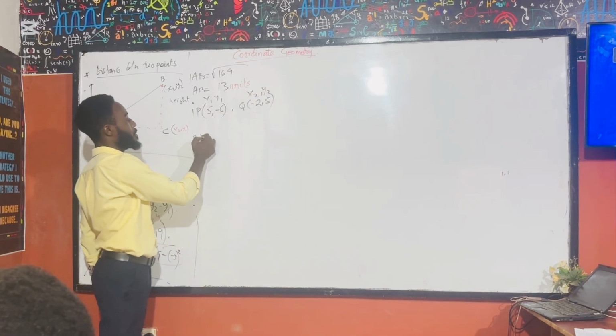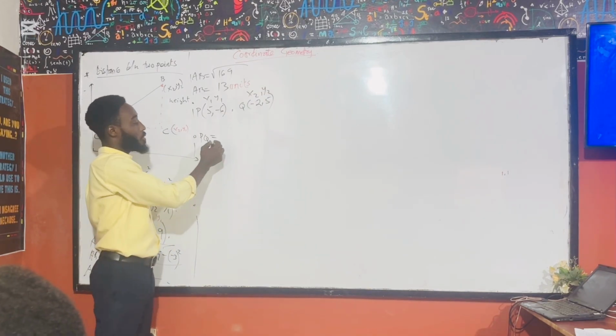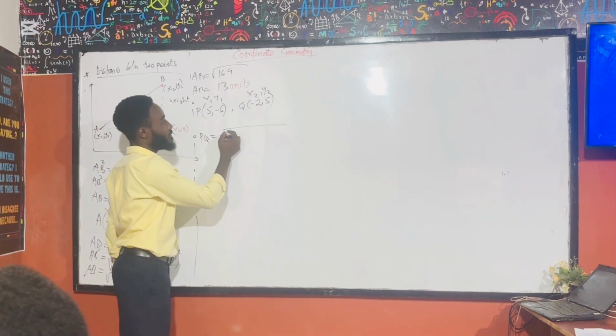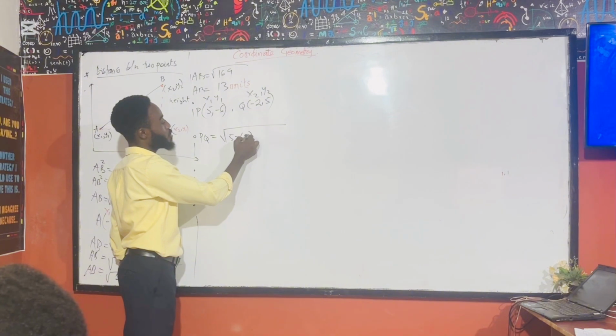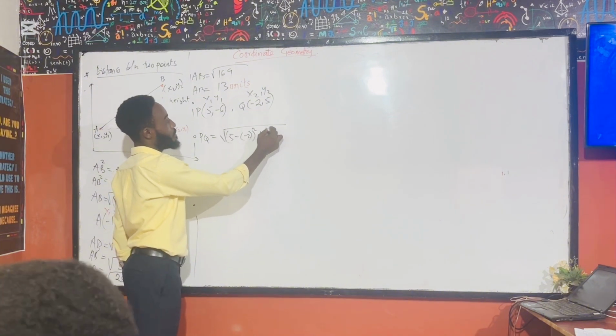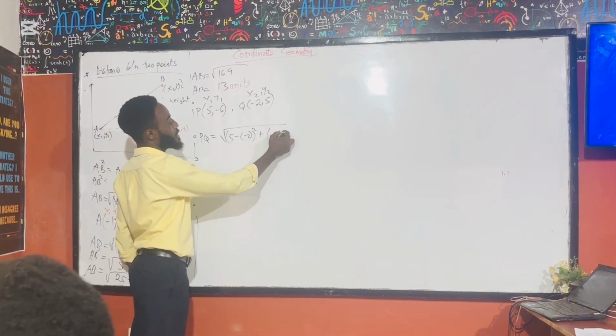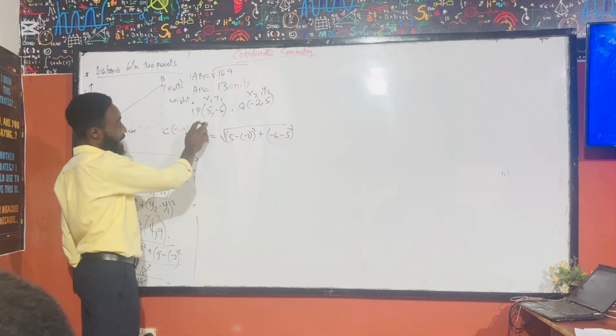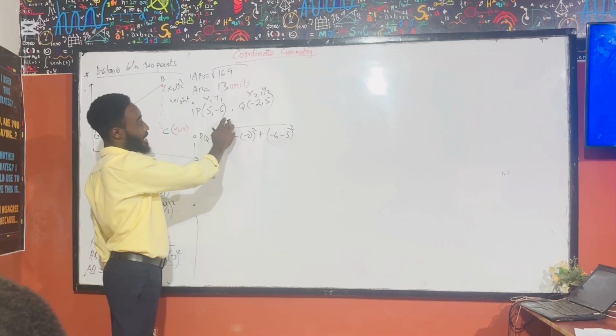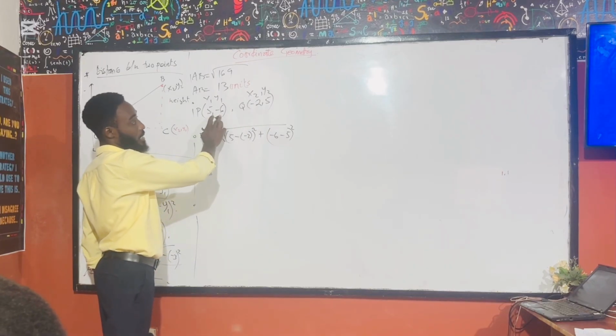So we have PQ equal to the root of 5 minus minus 2 all squared plus minus 6 minus 5. Oh, okay. Yeah, I'm doing the x first.